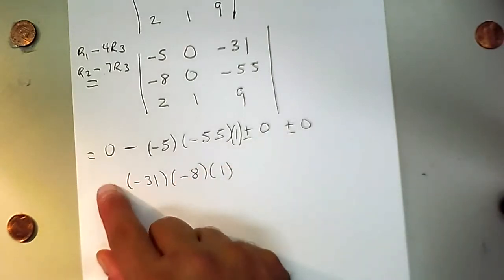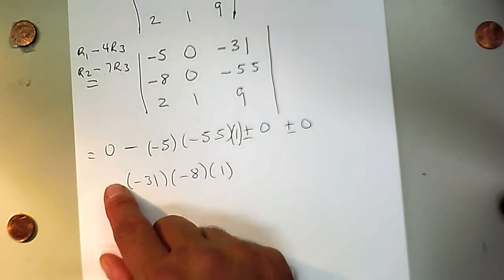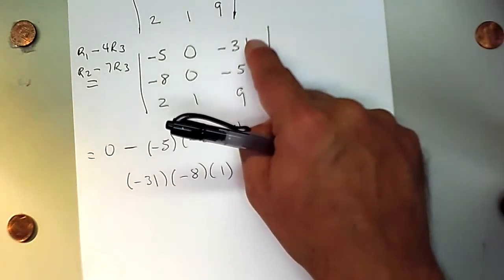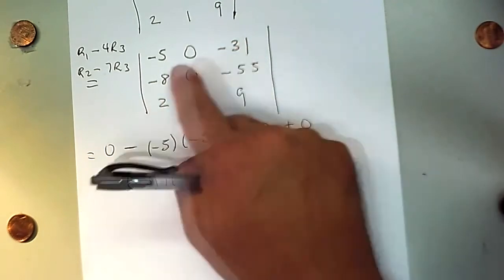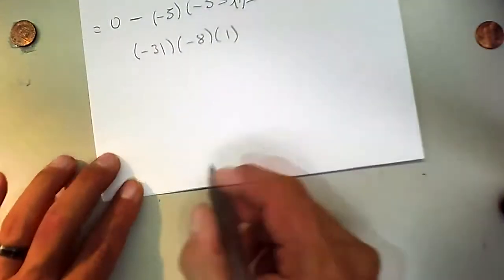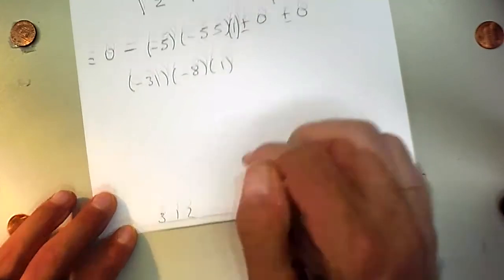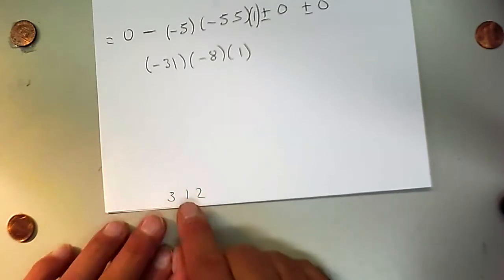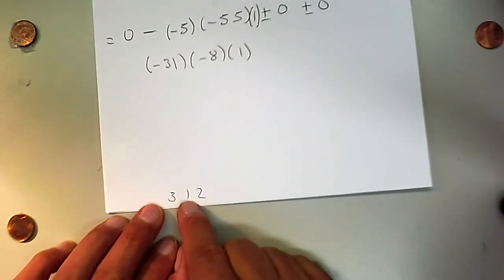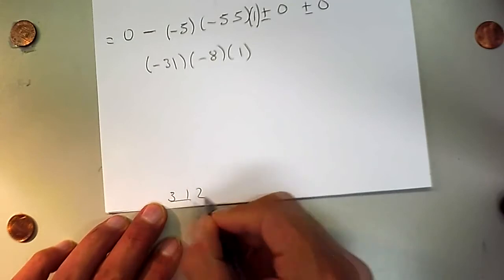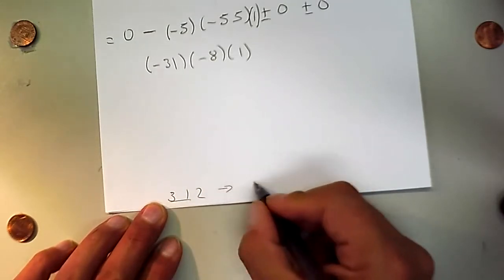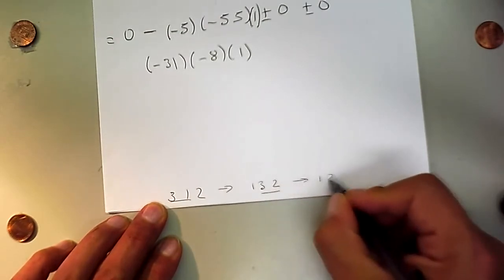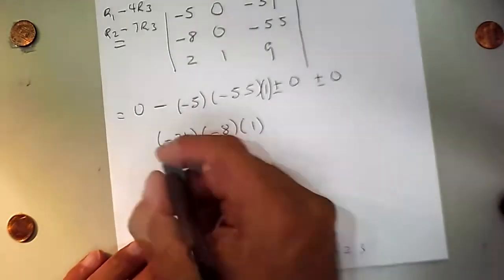Now, should we put a plus or a minus on that product? The permutation comes from 3, 1, 2. How many swaps do we need to put it back into 1, 2, 3? Changing those two goes to 1, 3, 2. Changing those two goes to 1, 2, 3. Even, so we put a plus.